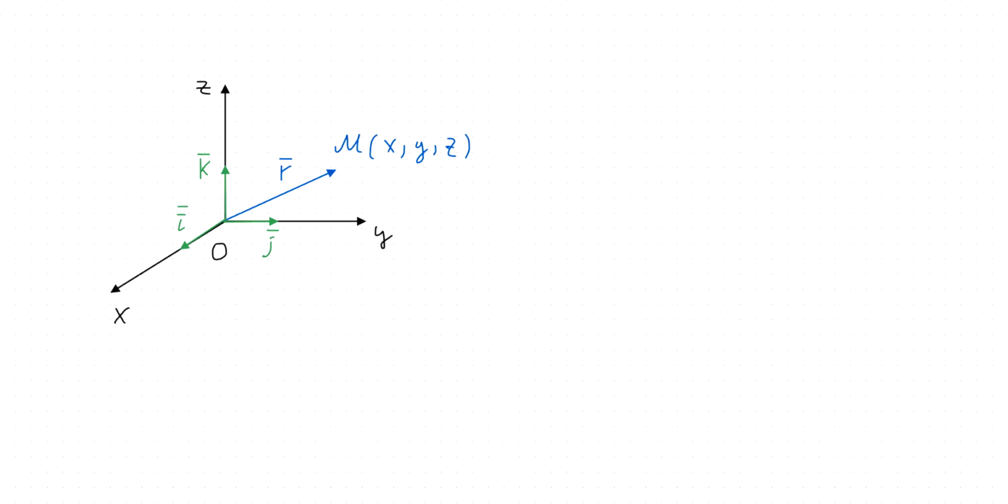So we can write that the absolute value, which is the same as the length of the vector, of i is equal to the absolute value of j is equal to the absolute value of k, and this is equal to 1. So i, j, k are orths of coordinate axes, and if we define them, we can connect the radius vector and Cartesian coordinates of material point M.